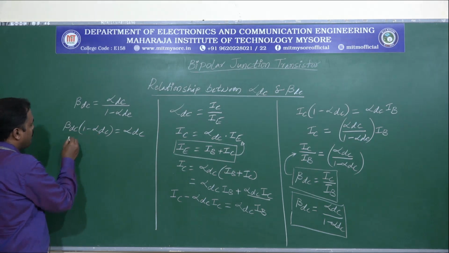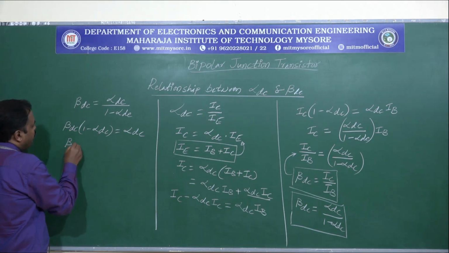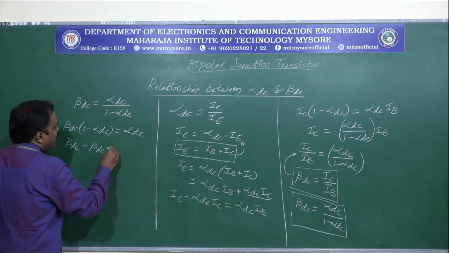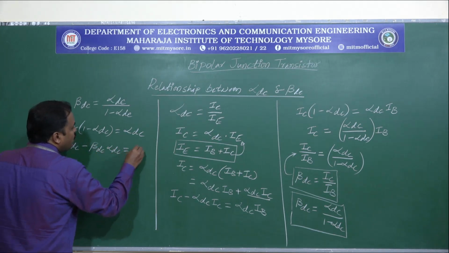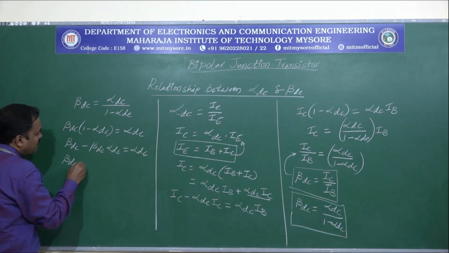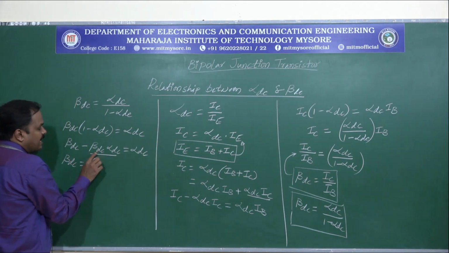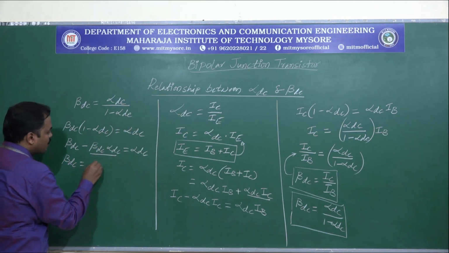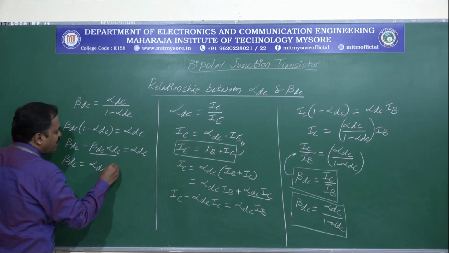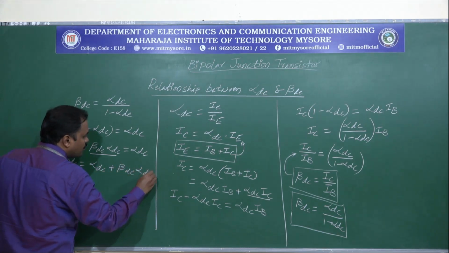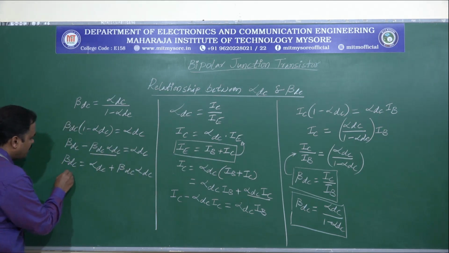Multiplying this term, beta DC minus beta DC alpha DC is equal to alpha DC. Let us transfer this minus beta DC alpha DC to the other side, so this is going to be alpha DC plus beta DC into alpha DC.